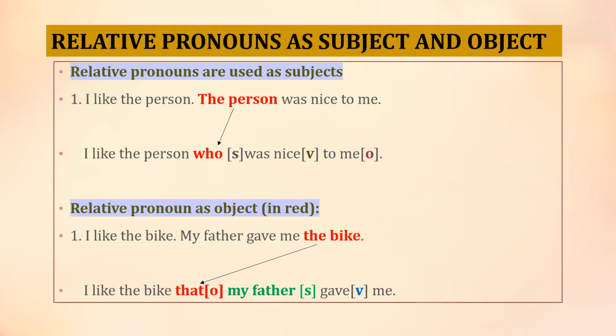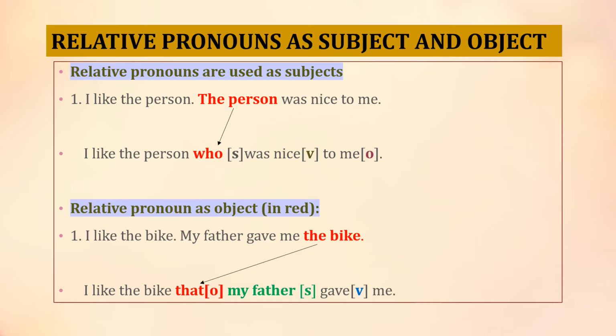Let us observe a relative pronoun as object. I like the bike. It is an independent clause. My father gave me the bike. It is a dependent clause. So when we join these two sentences with the help of the relative pronoun that, then it looks like: I like the bike that my father gave me.